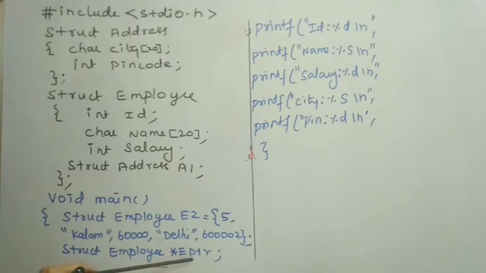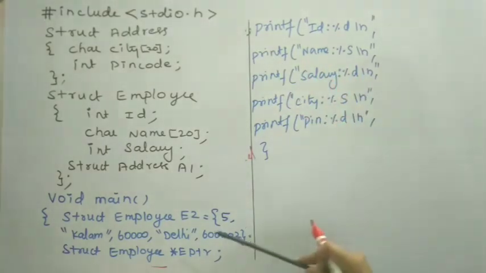Okay, so what could be the content of this pointer variable? Normally a pointer variable contains a memory address. Here this is a pointer variable for the structure. The memory address allocated for this structure variable can be assigned to this pointer variable EPTR, since EPTR is of type employee. I need to access the data members using the pointer variable, that is EPTR.